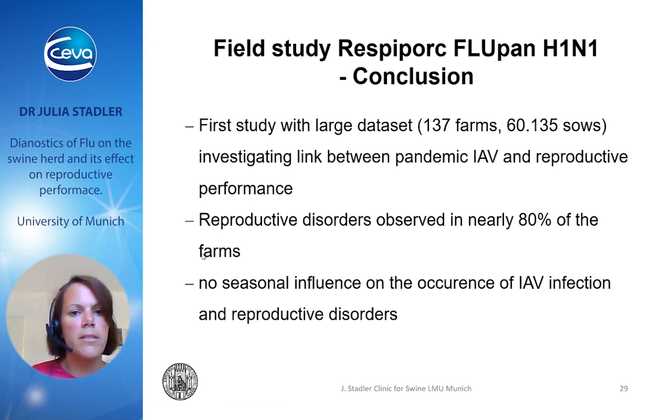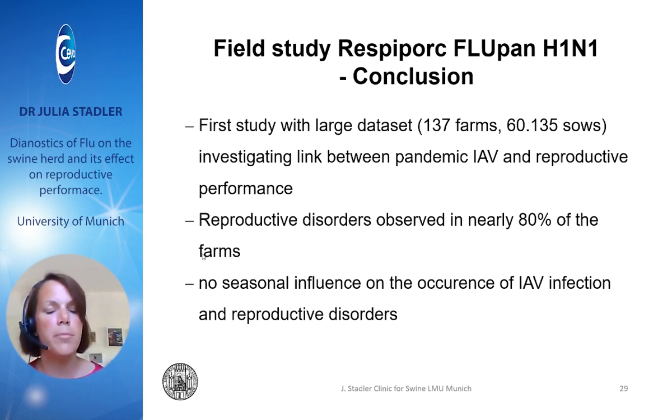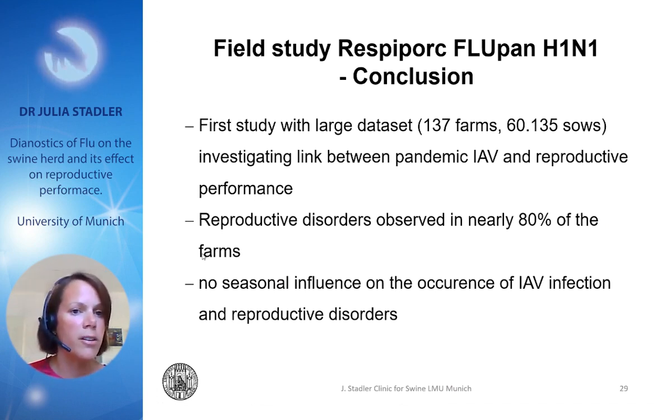So to summarize, you can say that our study strongly supports the often described but scientifically so far not verified link between pandemic influenza infection and reduced reproductive performance.